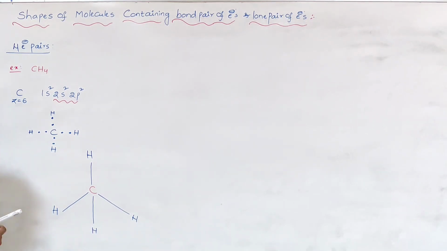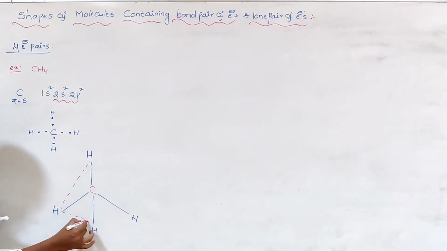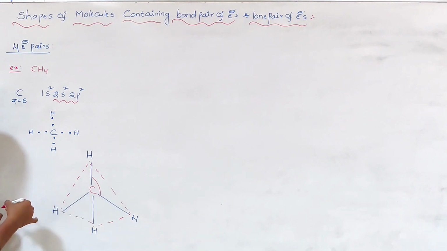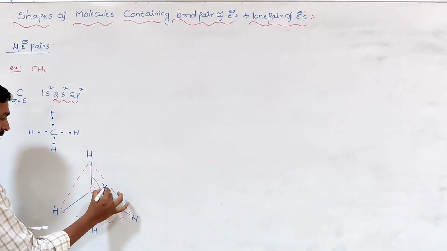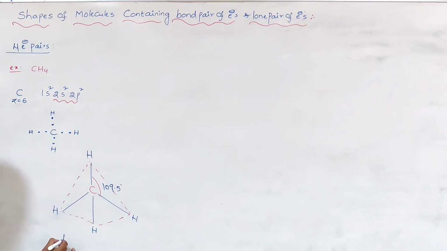So the bond angle here is 109.5 degrees. Here all electron pairs are what? Bond pairs of electrons.